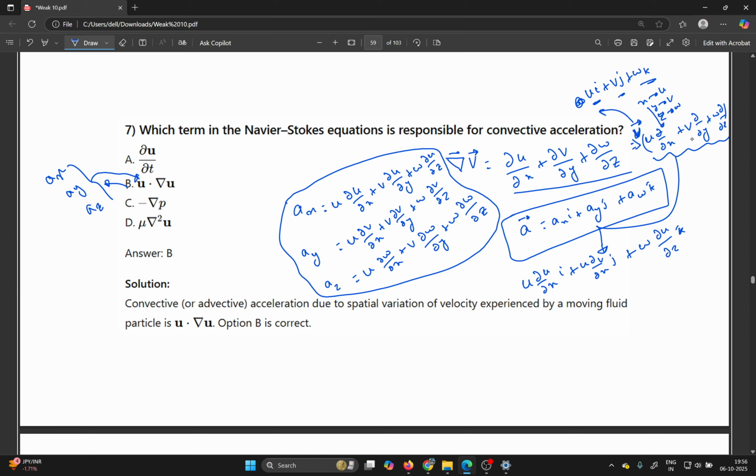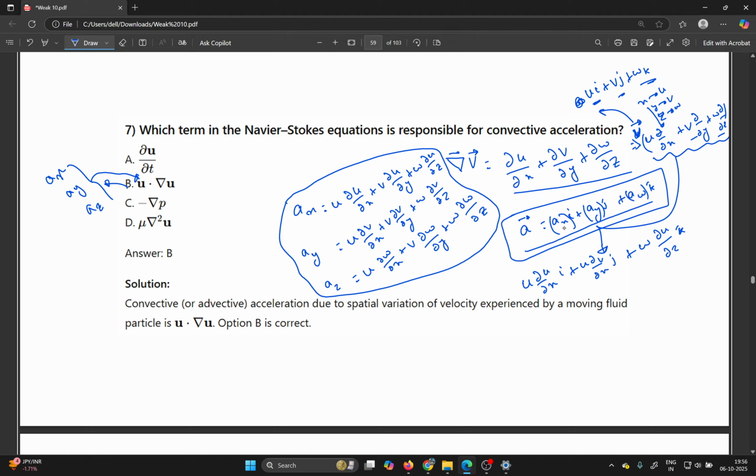Similarly, when you multiply this term with all three, you will get a combination. Just keep i separate, j separate, and k separate. So you will come up with this equation.